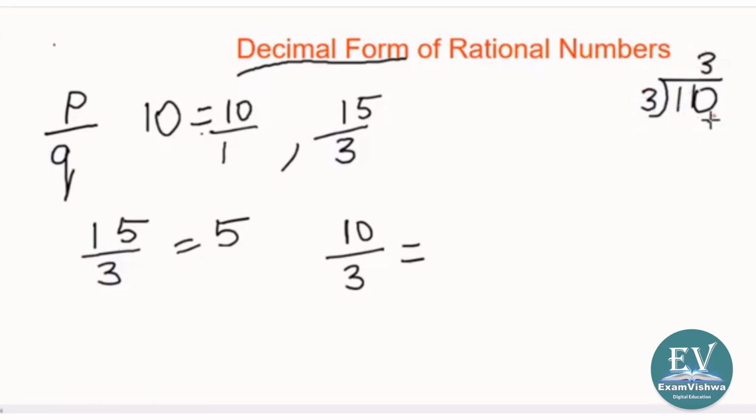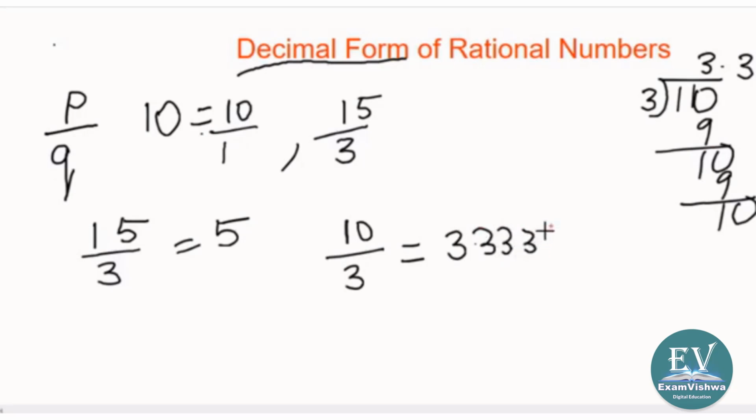3 3s are 9. Then balance 1, decimal point, 10, 3 3s are 9, again 1 balance, and we know that it will go like this. So we can represent 10 upon 3 as 3.333, and so on.